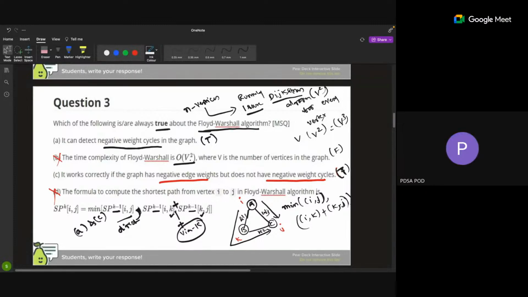Negative cycle means no particular algorithm works. But Dijkstra's algorithm doesn't report that there is a negative cycle. It doesn't report; it just works. But whenever you come to Bellman-Ford and Floyd-Warshall, it will report the negative cycle, but that is not an accurate value.